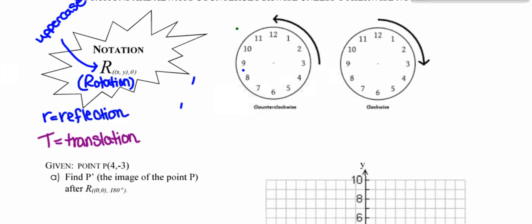So that can be a little confusing for students at times. Make sure, again, you know that the capital R or the uppercase R stands for a rotation. The lowercase r stands for a reflection.